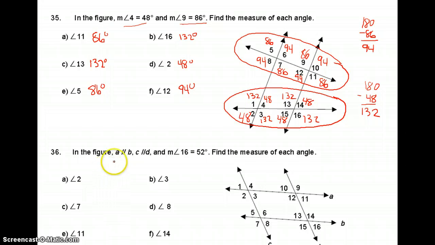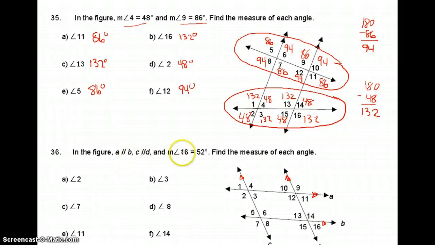Okay. In the figure, A is parallel to B. All right, so these are parallel. And C is parallel to D. Since these are parallel, this would be one transversal. And since these are parallel, this would be one transversal. So they're all transversals. So we're only going to have two different numbers for this.